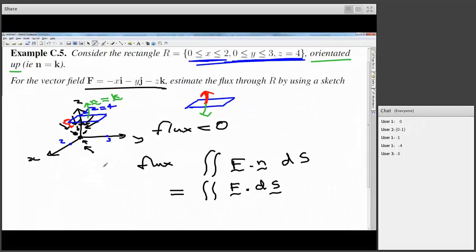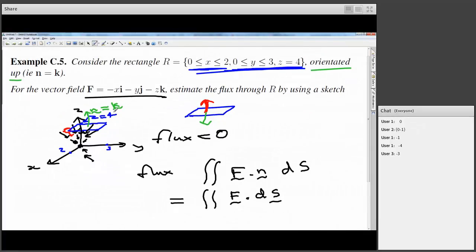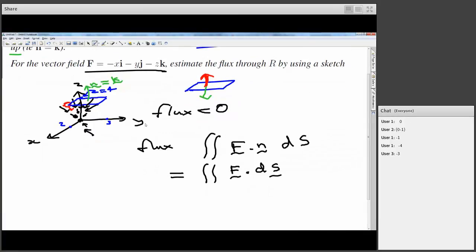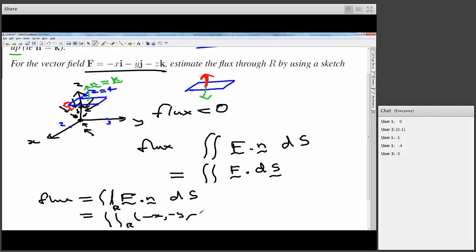So let's work it out in this particular case. The flux in this instance really is the double integral of F dot n dS, summing up over the surface area. It's summing over my little rectangle. F here is minus x, minus y, minus z.